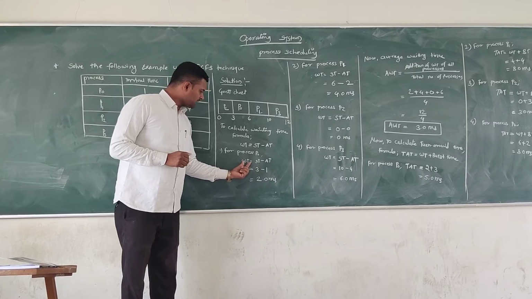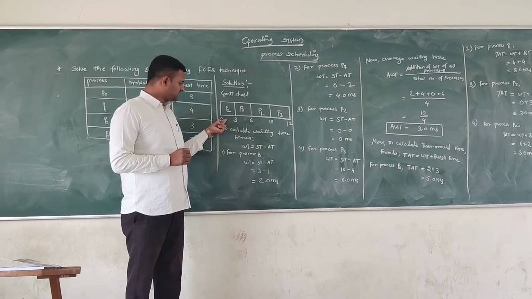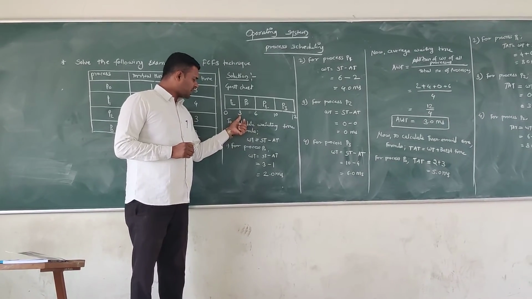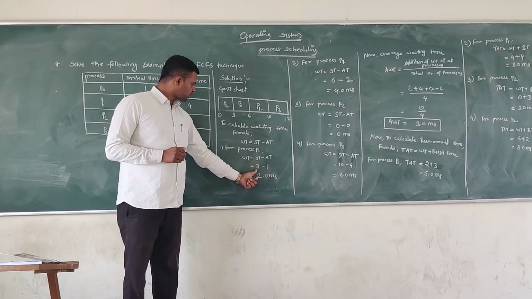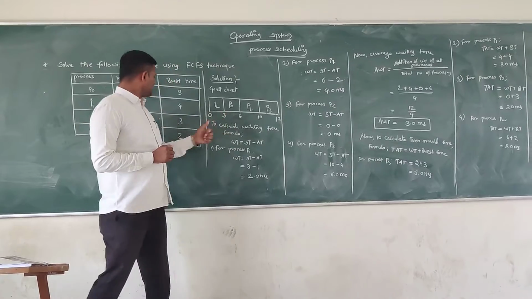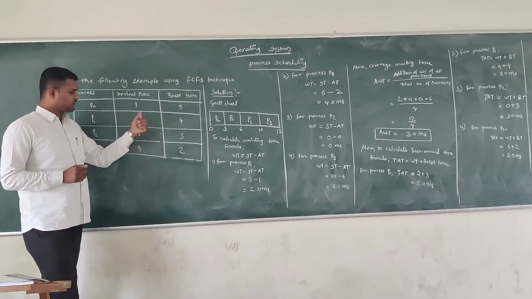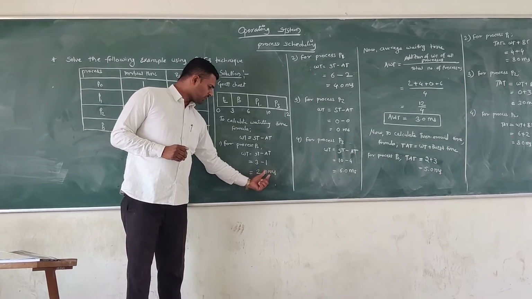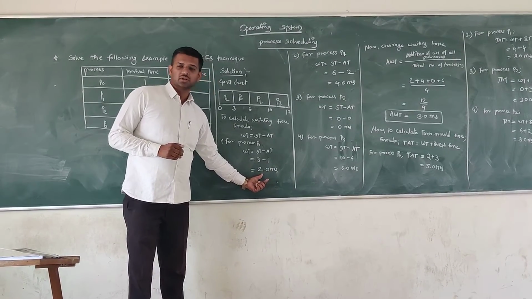The waiting time of process P0 is its starting time, 3 from the chart, minus its arrival time, 1. So 3 minus 1, the answer is 2 milliseconds.